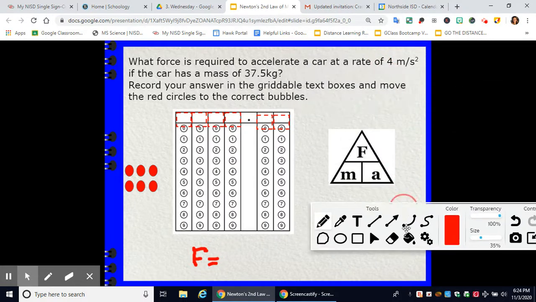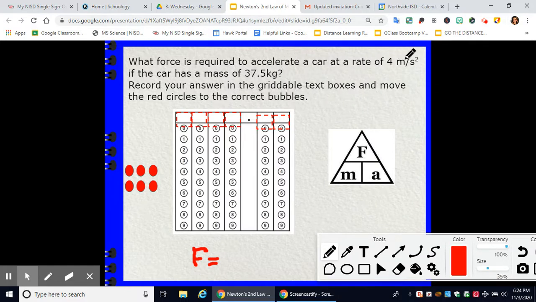And then we want to see what variables they gave us. They give us acceleration, and I recognize that right away because it's meters per second squared. And then they give us mass, which is kilograms for our units. So we simply take our mass, 37.5, and multiply that by our acceleration of 4.